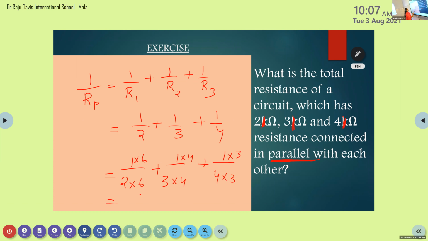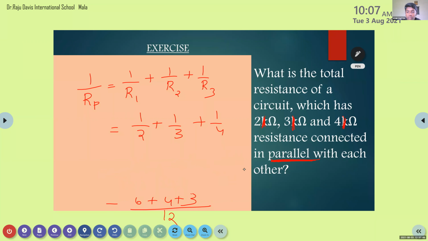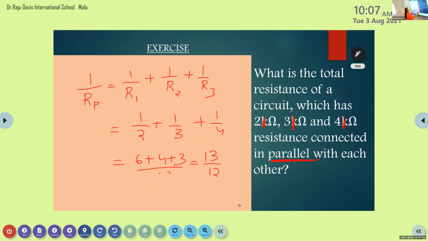So it becomes 6 plus 4 plus 3 divided by the common denominator 12. That is equal to 13 by 12. That is 1 by Rp. You must keep it in mind: 1 by Rp is equal to 13 by 12.